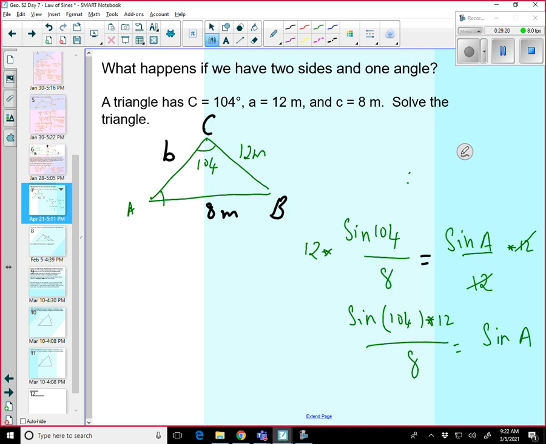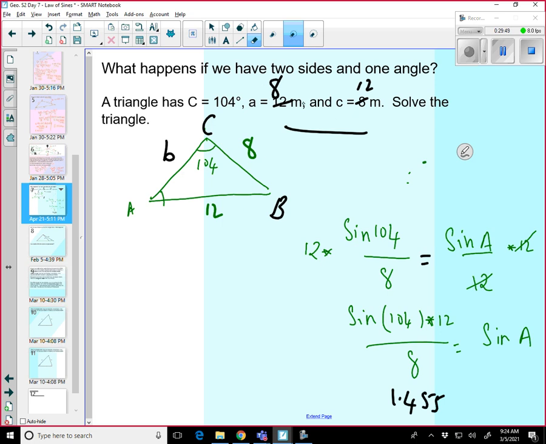But a sine value cannot be greater than 1. Let me check. We cannot solve with the numbers that are given. So let's try exchanging this and solving this particular triangle.